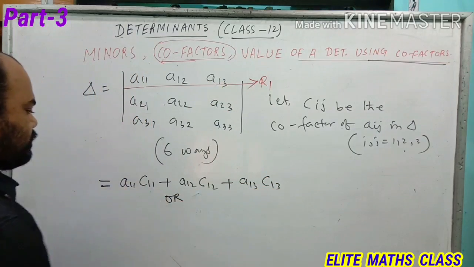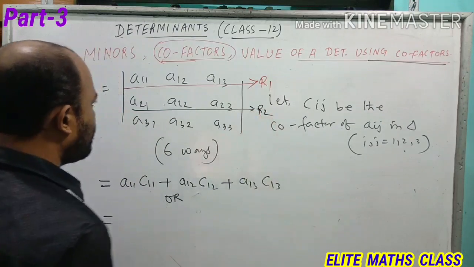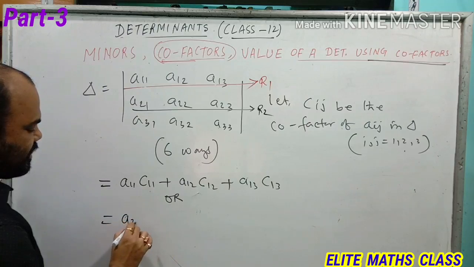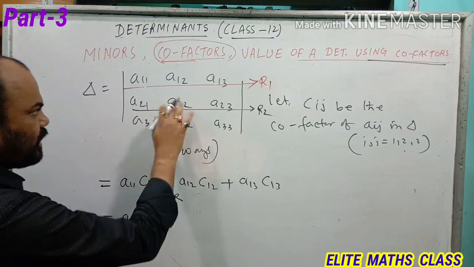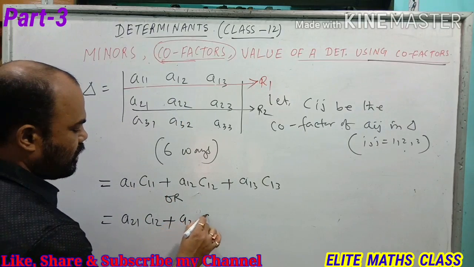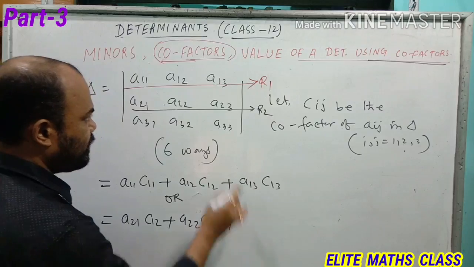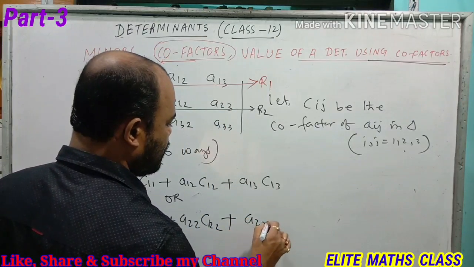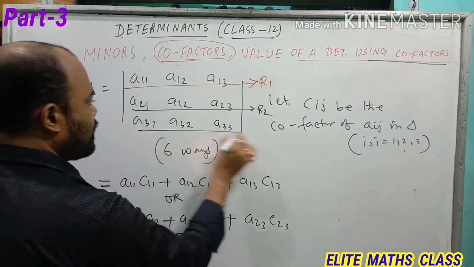Or now if we expand this by the second row, then what will be the value? It will be A21 into C21, that is the element into its cofactor, plus A22 into C22, that is the second element into its cofactor, plus the third element A23 into its cofactor. Similarly you can use the third row also.